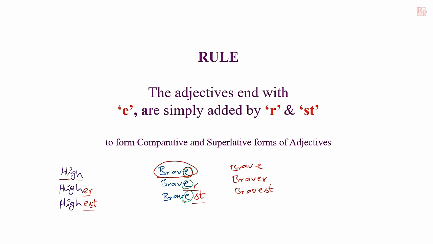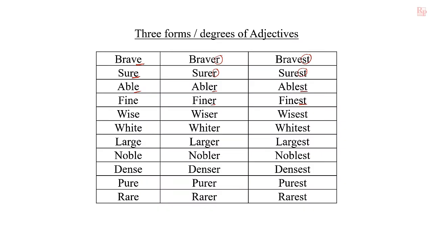Look at the change of adjectives which end with e: brave, sure, able, fine, wise, white, large, noble, dense, pure, rare, etc. By adding r only to the basic form of the adjective, we can get the comparative form.